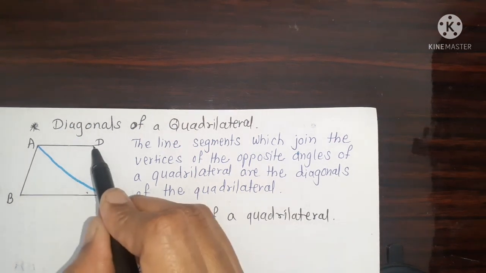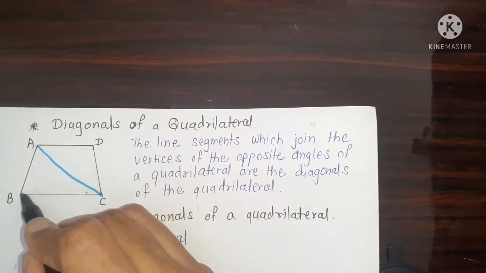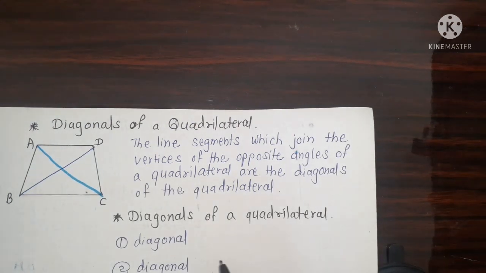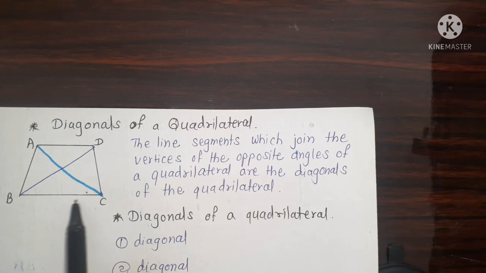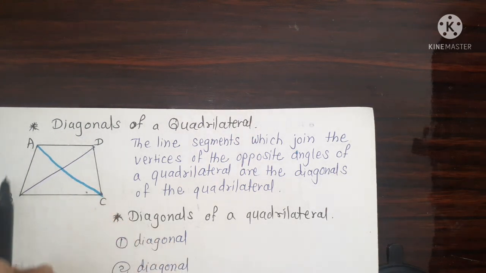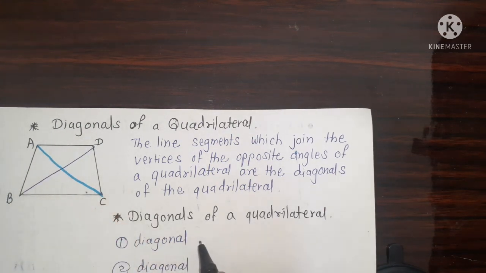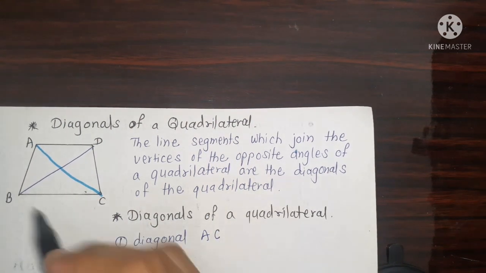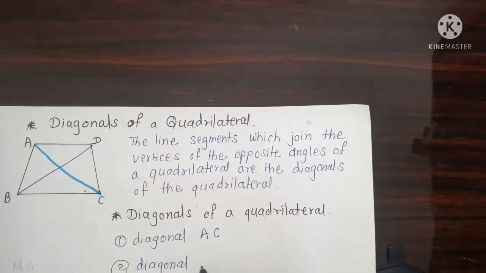Now angle B and angle D are opposite angles, and the line segment joining them is also called a diagonal. Diagonals of quadrilateral ABCD are first diagonal AC, second diagonal BD.